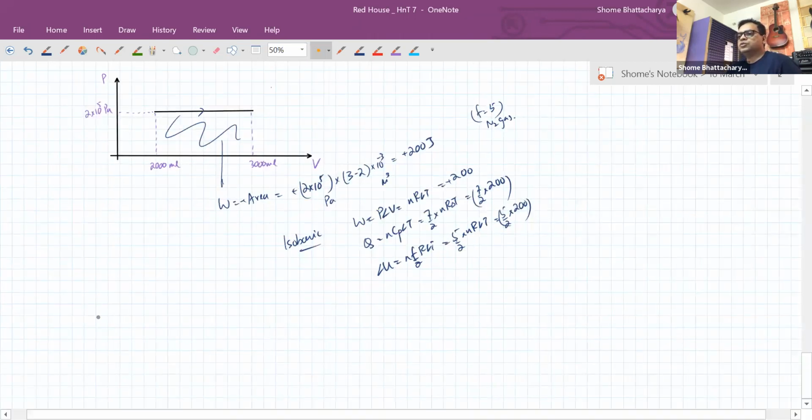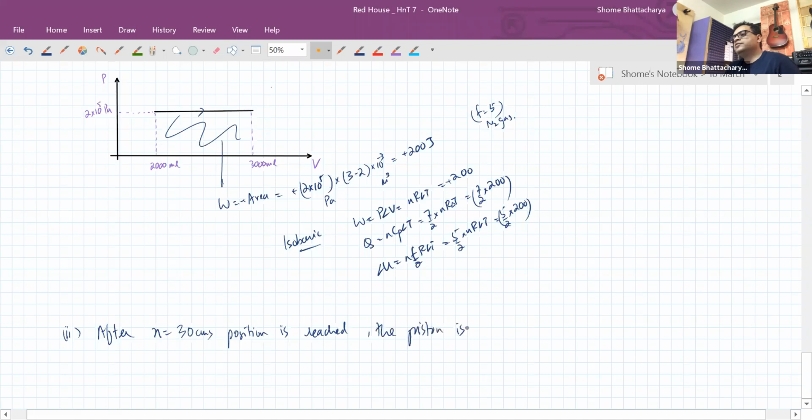Okay, now let's come to second part of the question. Now after x is equal to that 30 centimeters position is reached, the piston is fixed. Okay. So let's say we have some mechanism of doing this.